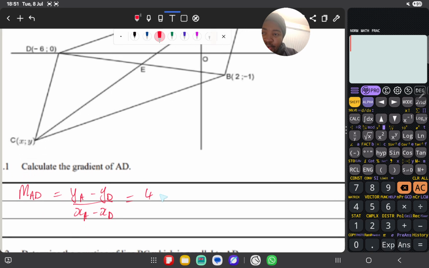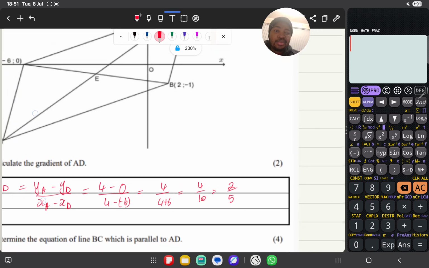We have 4 minus 0 over the x values, which is 4 minus negative 6, so 4 plus 6. You have 4 over 10, which, when you divide by 2, is 2 over 5, right? And the answer makes sense.